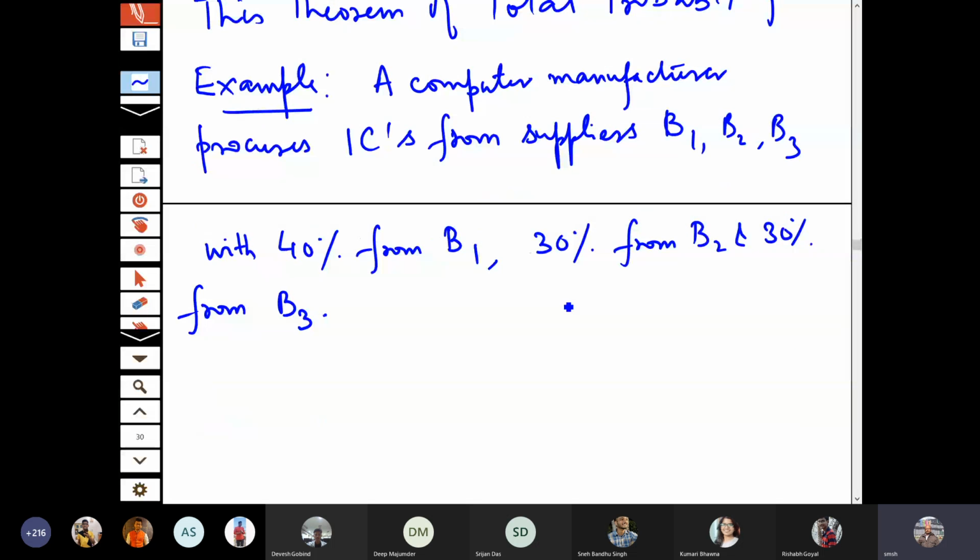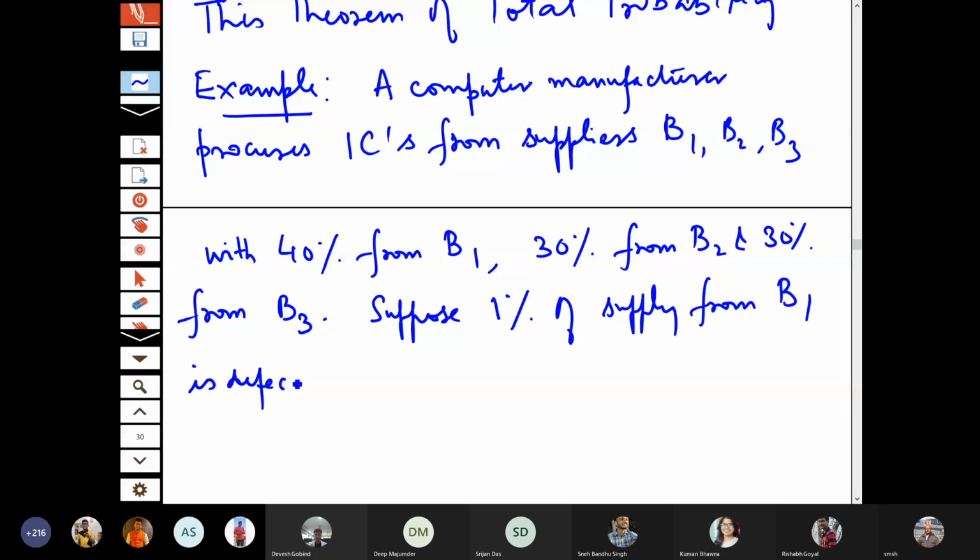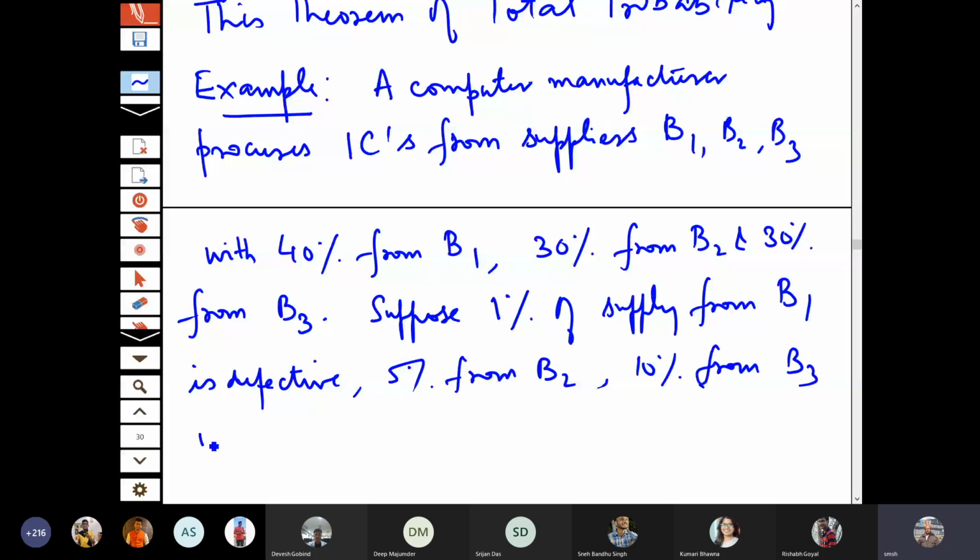And it is known that suppose 1% of supply from B1 is defective, say 5% from B2 and say 10% from B3.